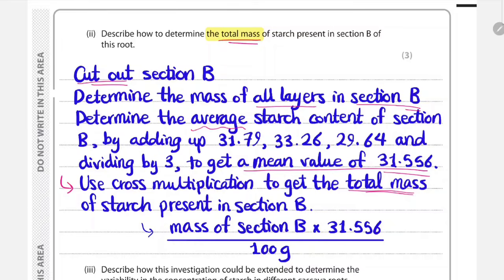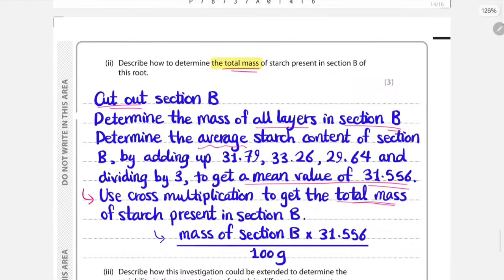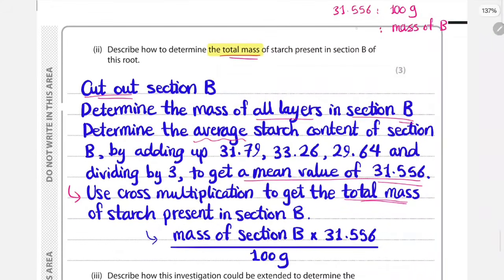If I fit this into a ratio, I would say that 31.556 are present in 100 grams of this sample. So if I have the total mass of section B, all of it, how much starch would we have? What's the total mass of starch?